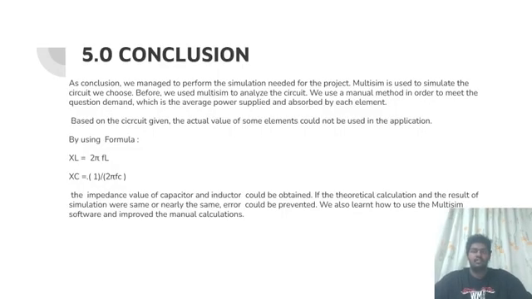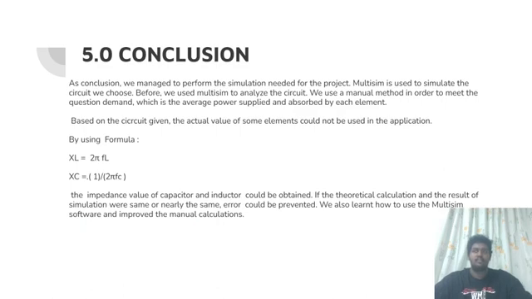As for the conclusion, we managed to perform the simulation we needed for the project. Multisim is used to simulate the circuit we chose. Before we used Multisim to analyze the circuit, we used the manual method in order to meet the question demand, which is the average power supplied and absorbed by each element. Based on the circuit given, the actual values of some elements could not be used in the application.